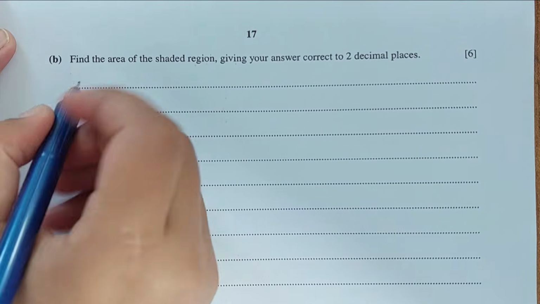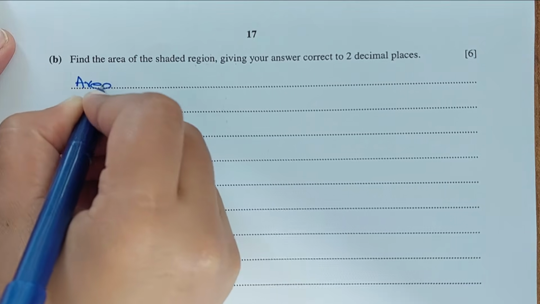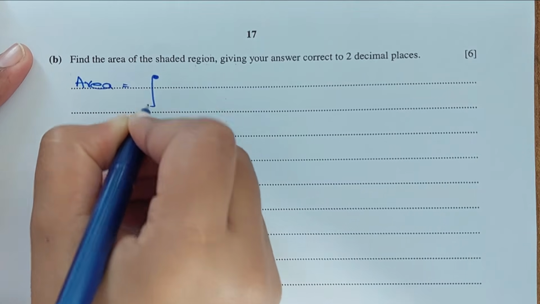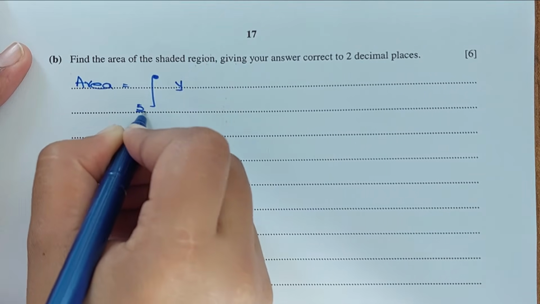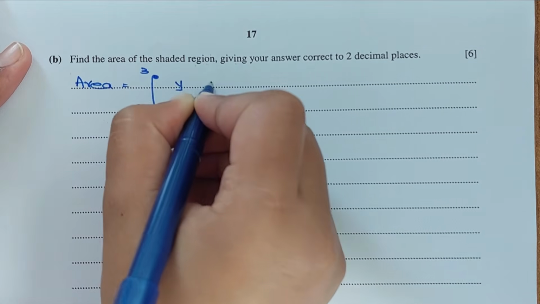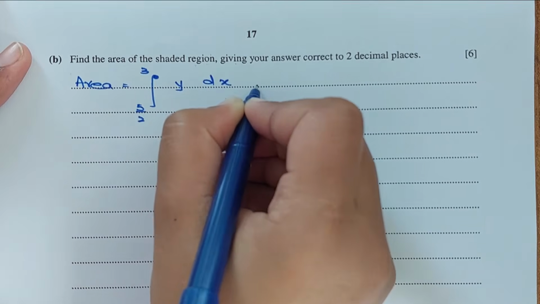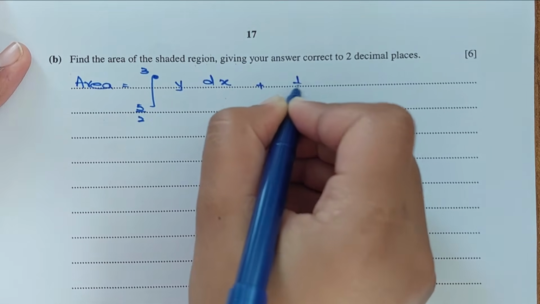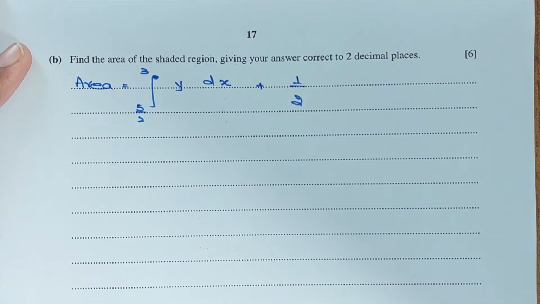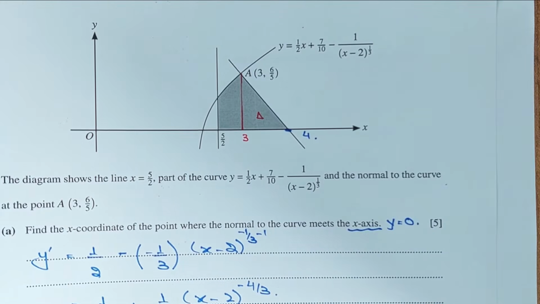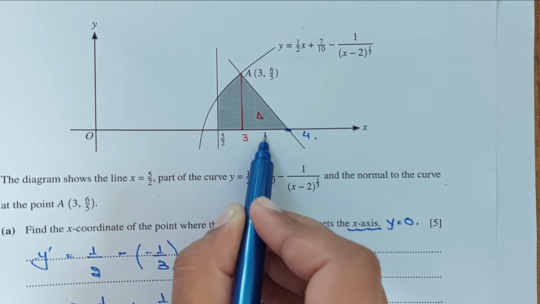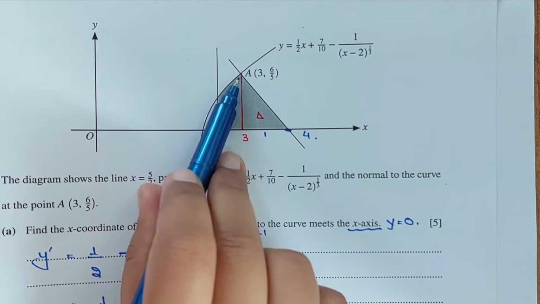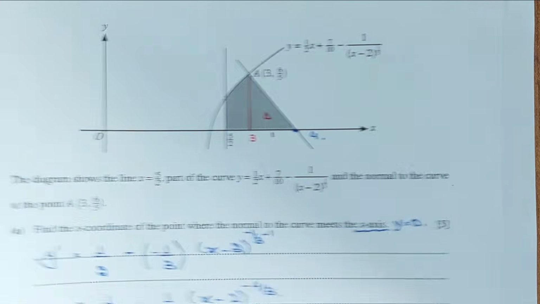So basically the shaded area is the integration of y between 5 by 2 to 3 with respect to x, plus the area of a triangle, which is half base times height. As you can see, the distance between 3 and 4 is 1 unit, and the distance from 0 to 6 by 5 is just 6 by 5.